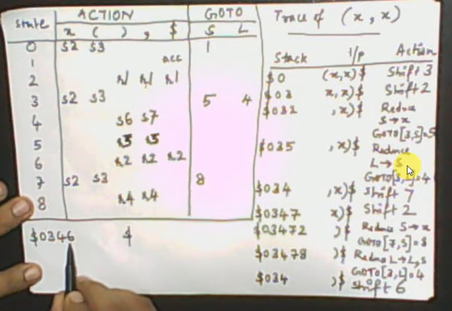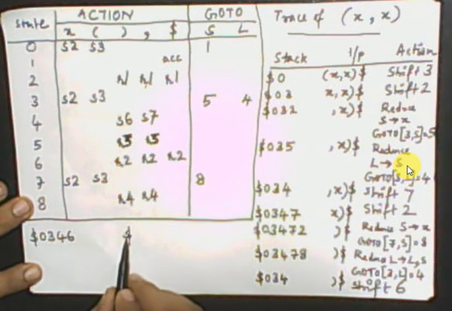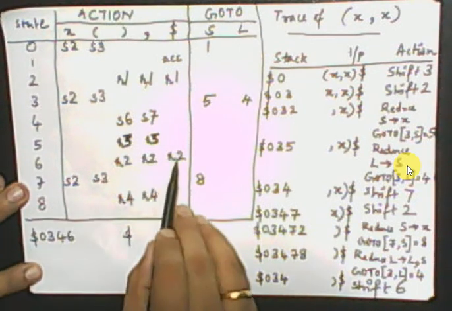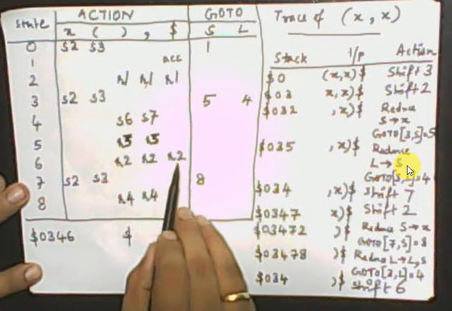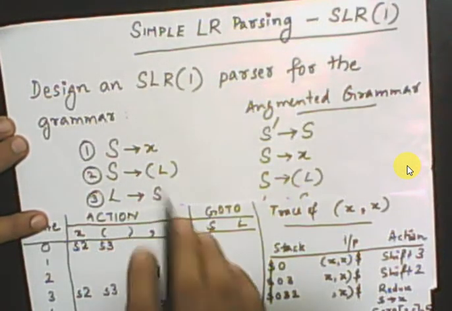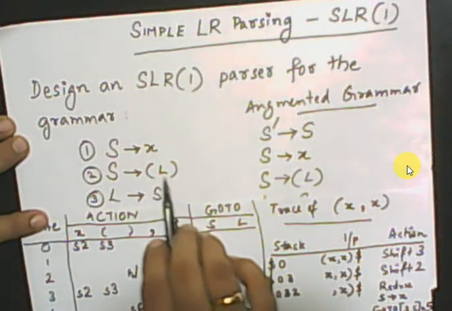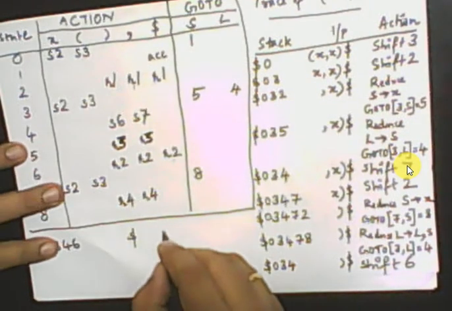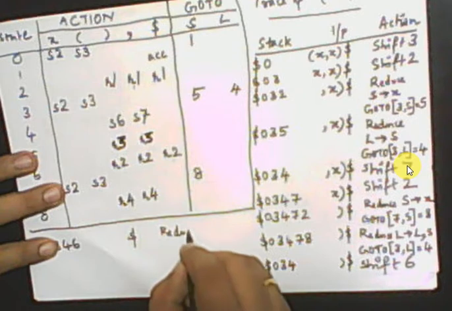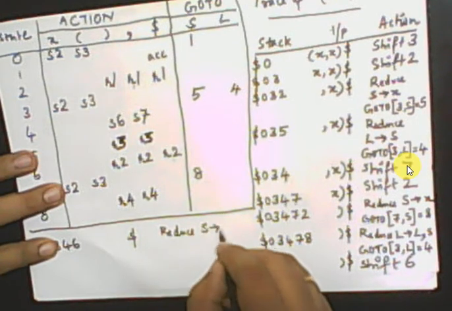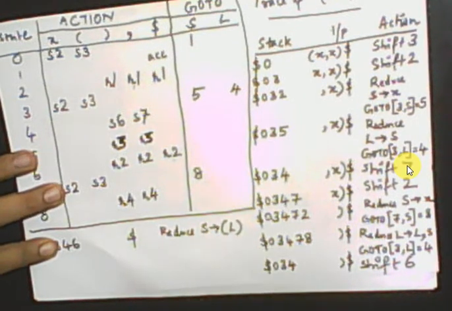So now we have to see 6 on dollar, you have reduction using the second production, that is S gives open, L close. So this action is reduce, S gives this one.